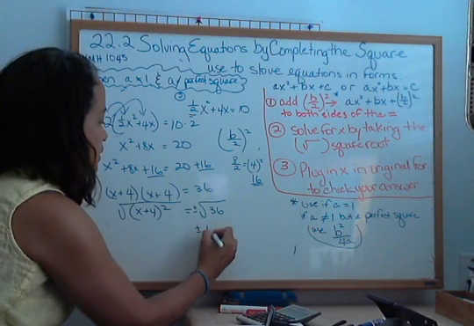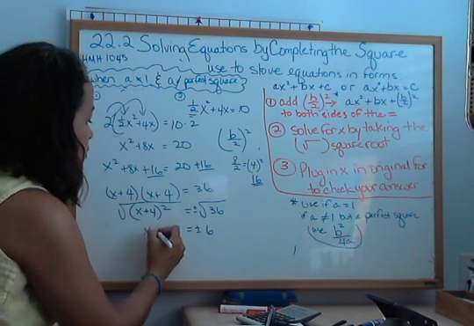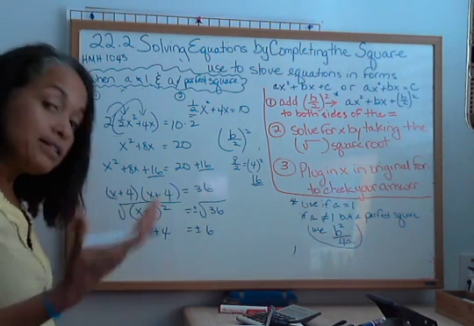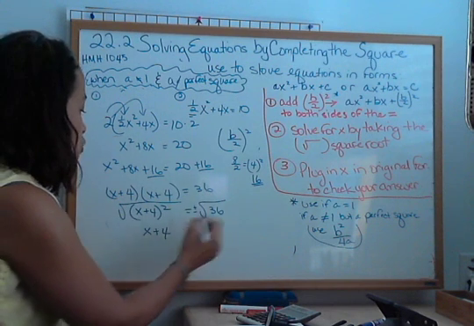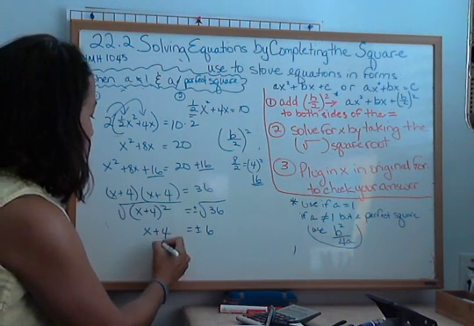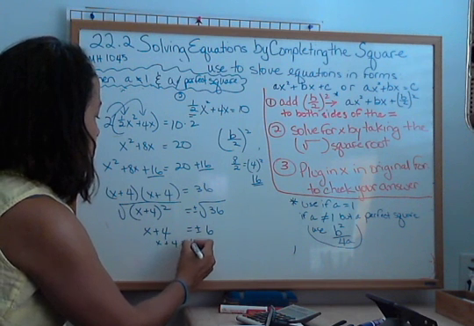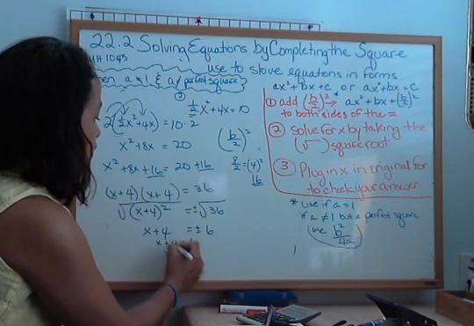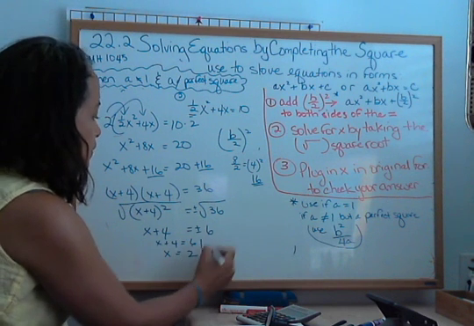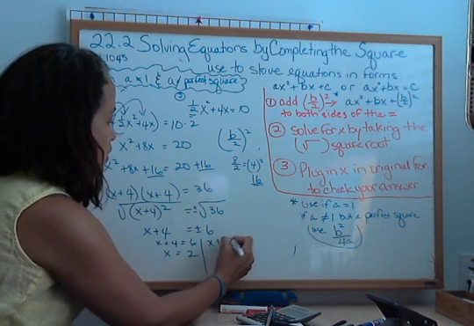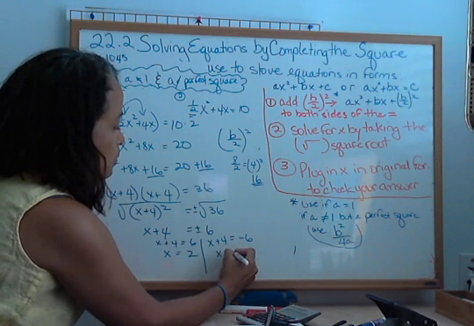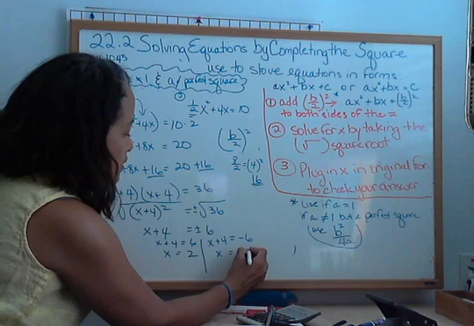Plus or minus 6 is equal to x plus 4. Now I solve for the positive and the negative solution. So if x plus 4 is equal to 6, x is equal, if I subtract 4 from both sides, 2. If x plus 4 is equal to negative 6, and I subtract 4 from both sides, I get negative 10.